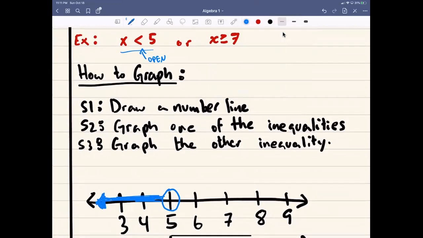And then step 3 is draw the other inequality. So now we have this, which is closed, right? We have a closed circle at 7. And now all we got to do is have numbers bigger than 7, so it's going to be going this direction. So for the most part, disjunctions usually go like this.